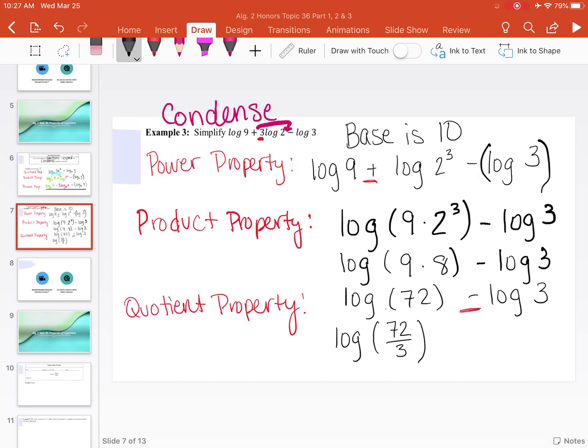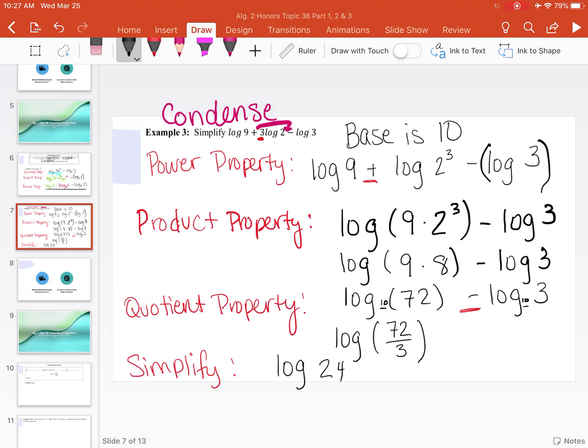Because they have the same base of 10 here, that's why we can combine them and smush them. And then we can also simplify. We know that 72 divided by 3 gives us 24. So this is just the same thing as log of 24.